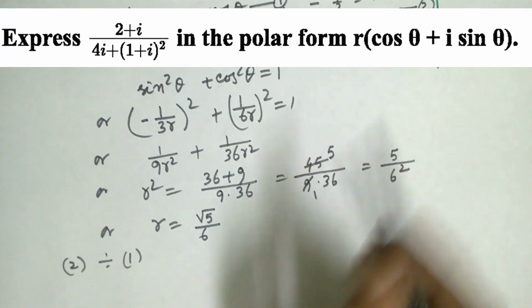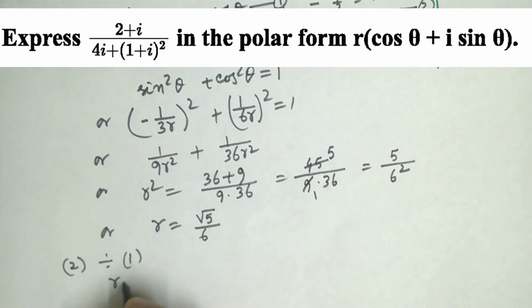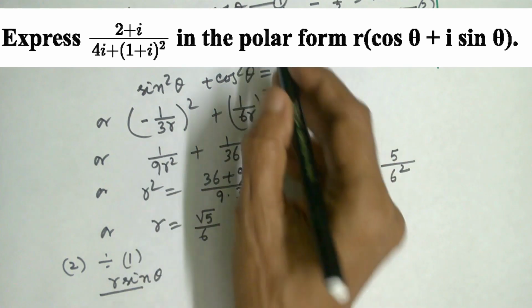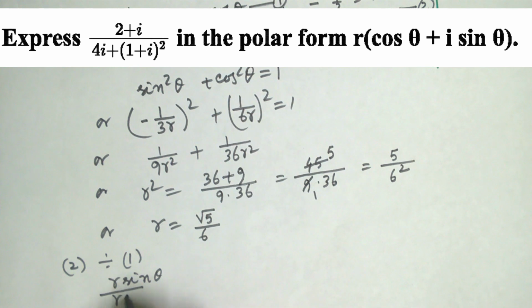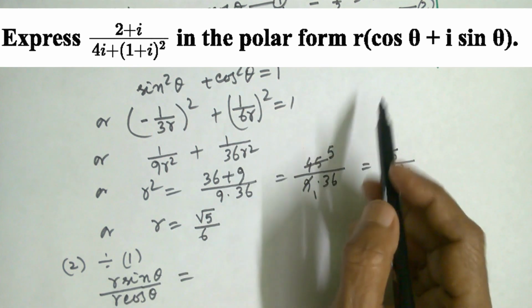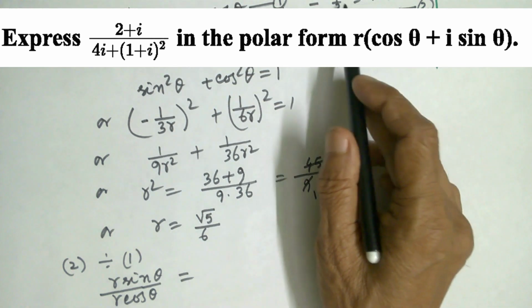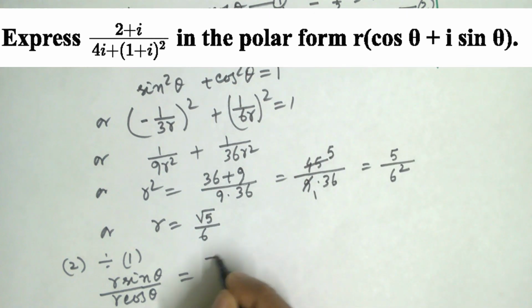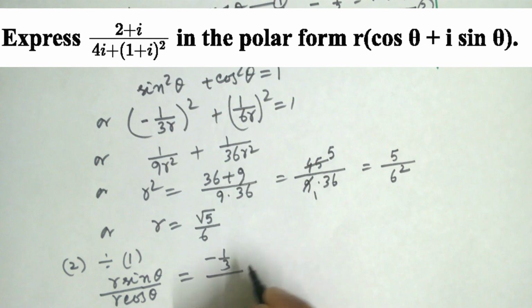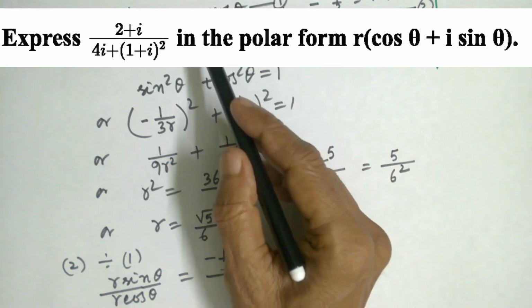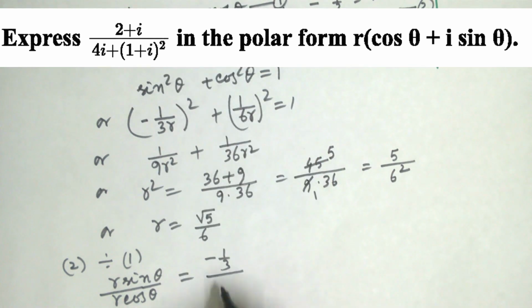Right hand side of 2 is r sin θ, and right hand side of 1 is r cos θ, that is equal to minus 1/3 over 1 by 6.